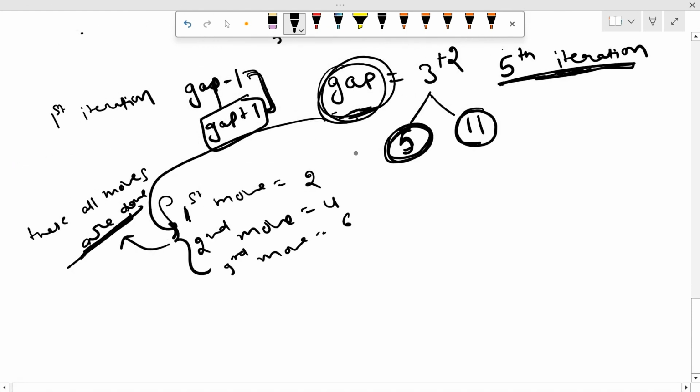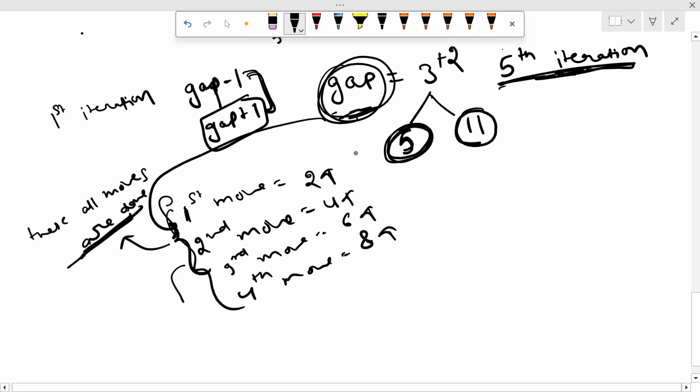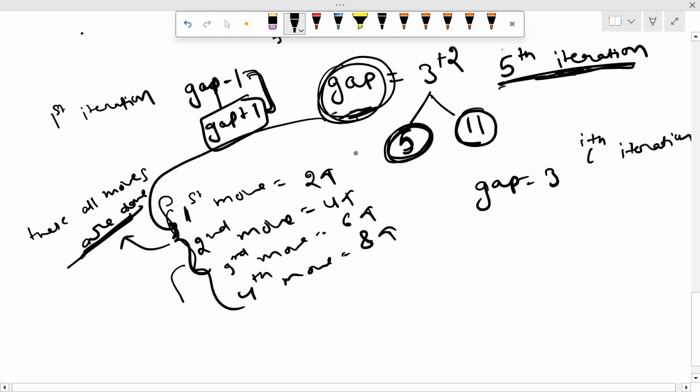Okay, and we are on the fifth iteration, so in the third move, fourth move, we can increase our gap by 8. Okay, so these we can do. So if our gap is 3, in the ith iteration, what do we want?